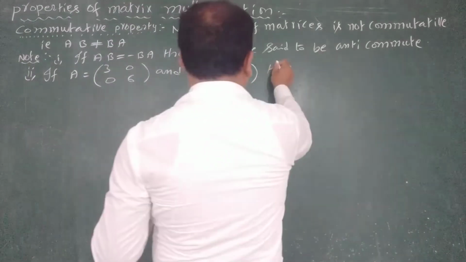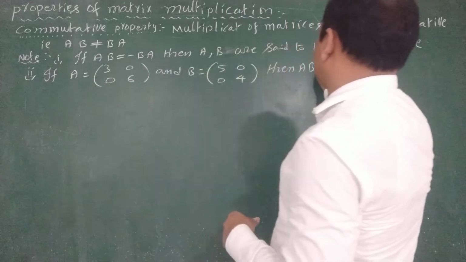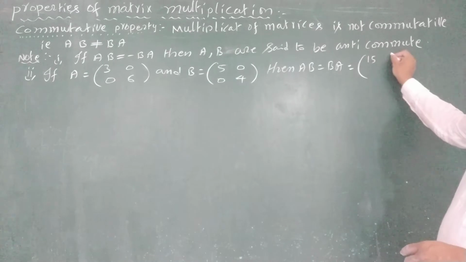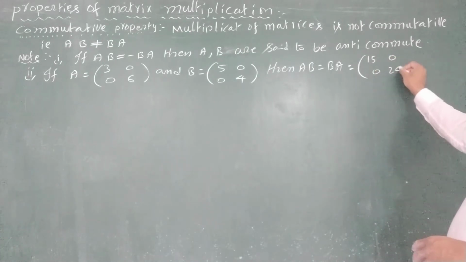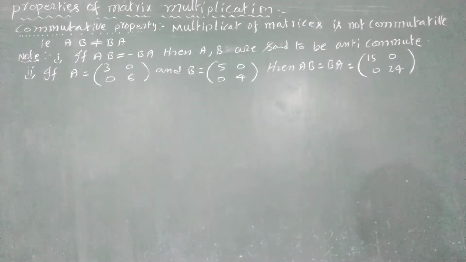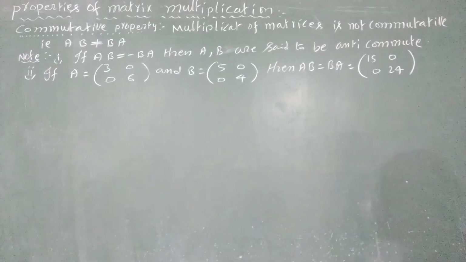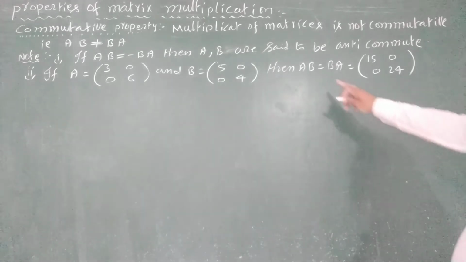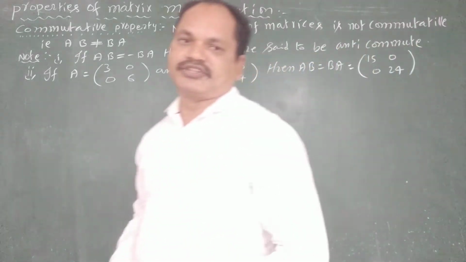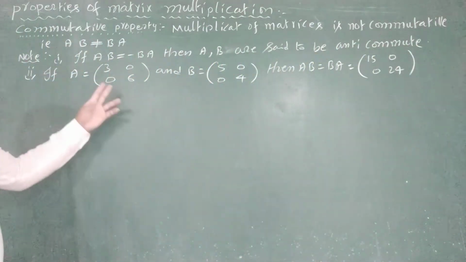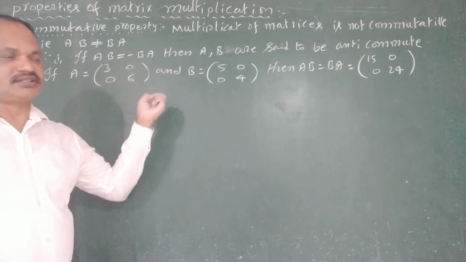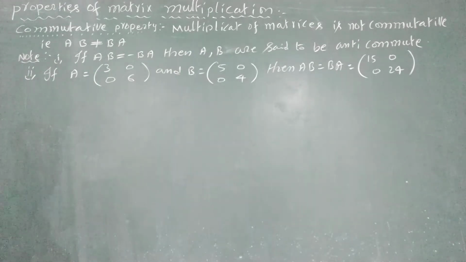Then AB is equal to BA is equal to [15 0; 0 24]. So AB is equal to BA is possible. That means it is commutative. For diagonal matrices of the same order, the two matrices satisfy the commutative property.